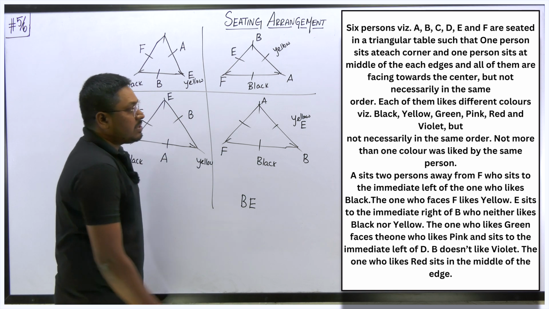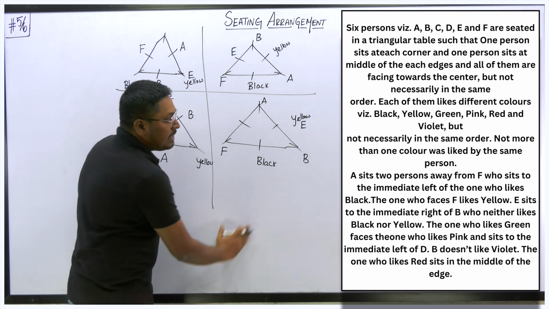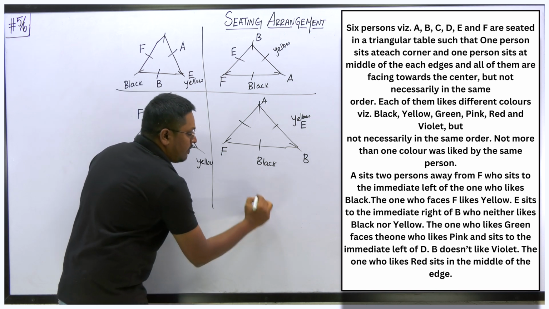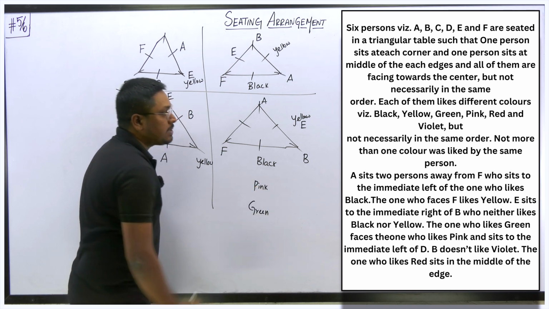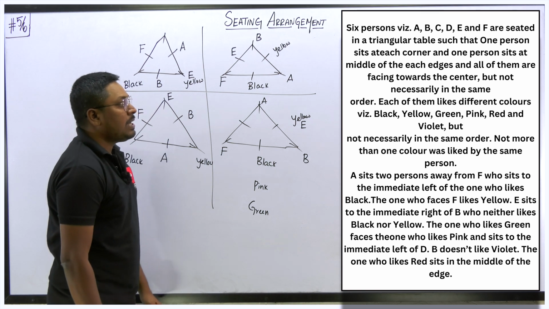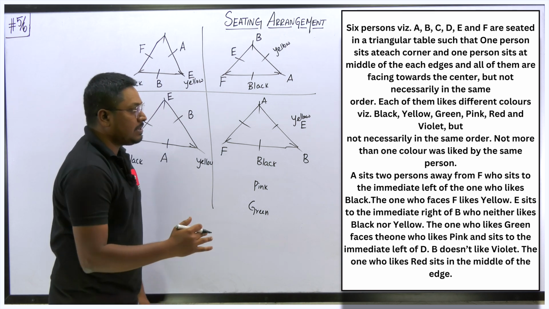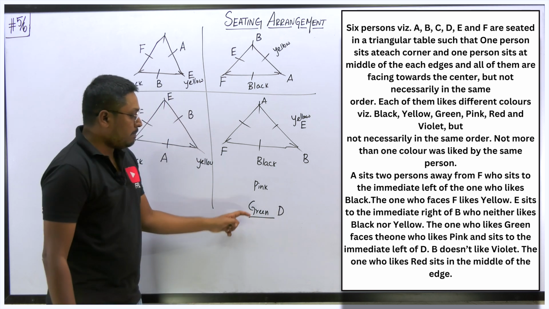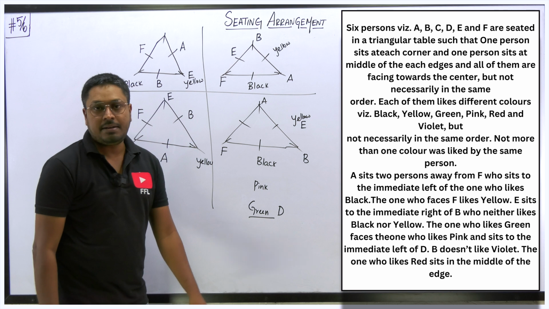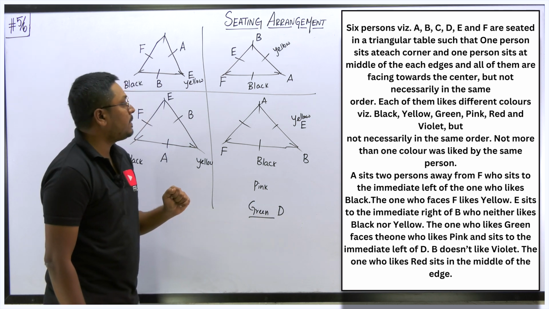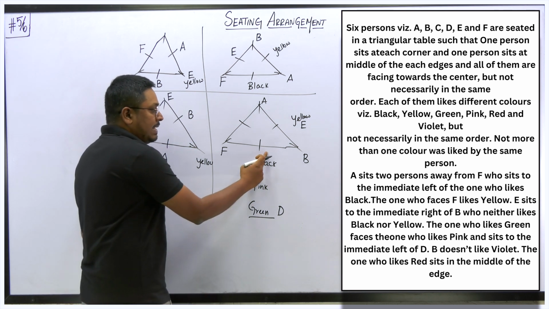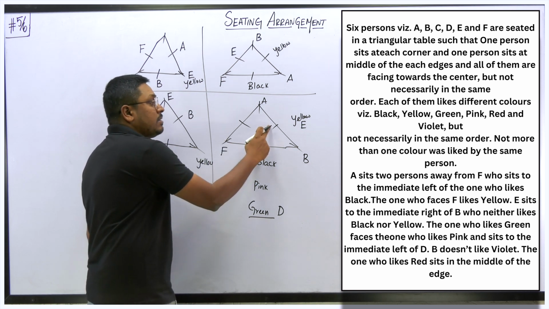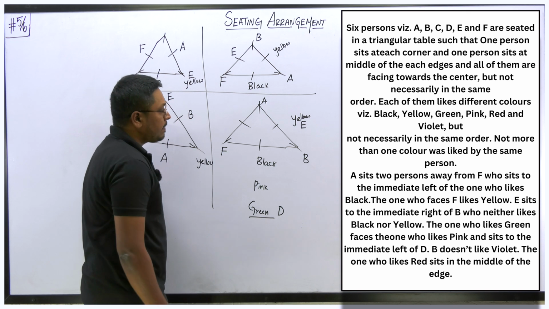Yes. So next point, the one who likes green faces the one who likes pink. So the person who likes green will be facing the person who likes pink, and sits to the immediate left of D. So on D's left-hand side, the one who likes green is sitting. So D's left-hand side is green and the person who likes green is facing pink. So if I fix D here, this must be green and this person should face the person who likes pink. So that is not possible, right?